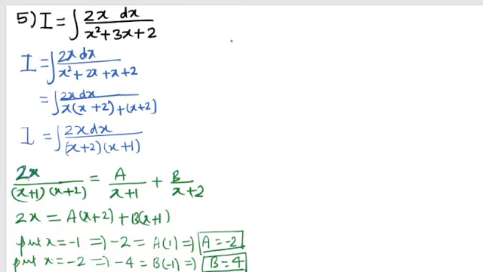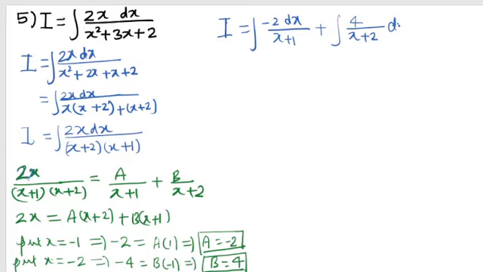So now we can write our final answer here. I is equal to the integral of a, that means minus 2 into dx, divided by x plus 1, plus the integral of 4 divided by x plus 2 into dx.